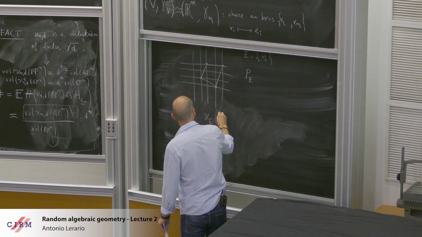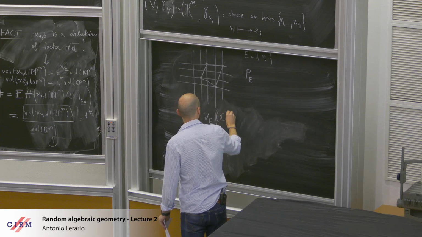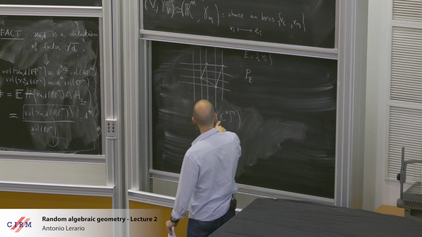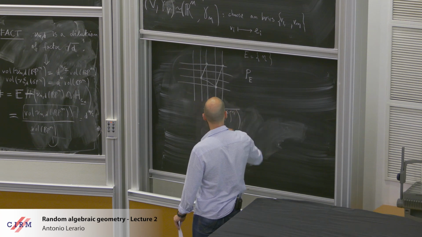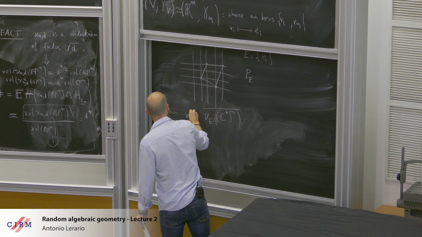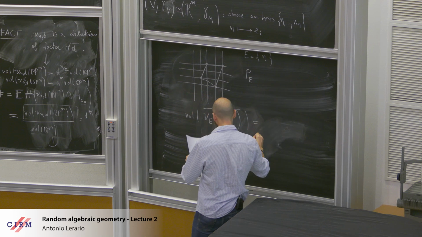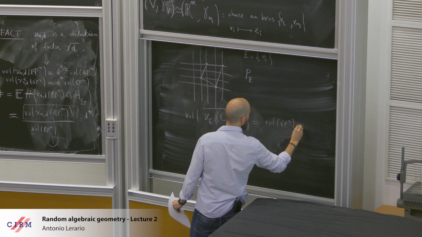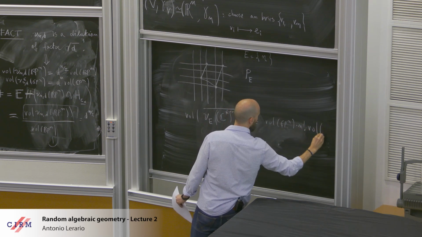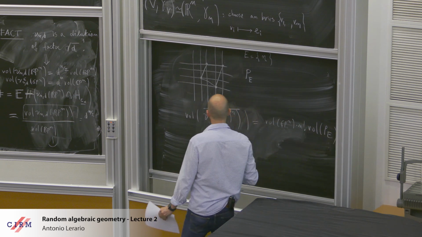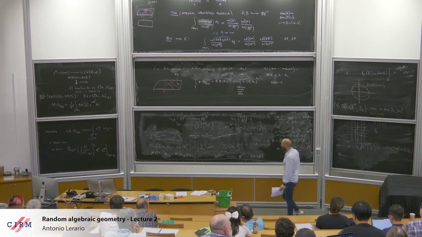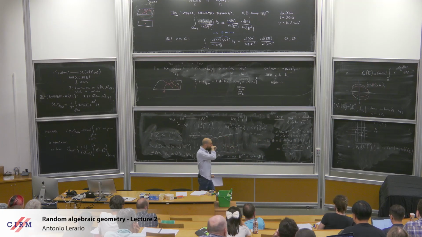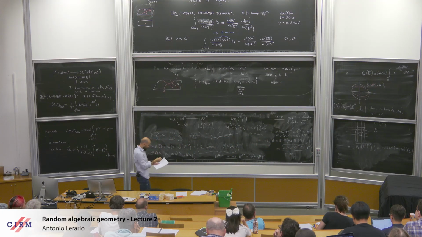You can take the image of C star to the n, take its closure, and you can compute its volume. Up to a constant, it's the volume of CPn times n factorial times the volume of the Newton polytope. And if you use this identity, which is related to symplectic geometry, you can prove the BKK.